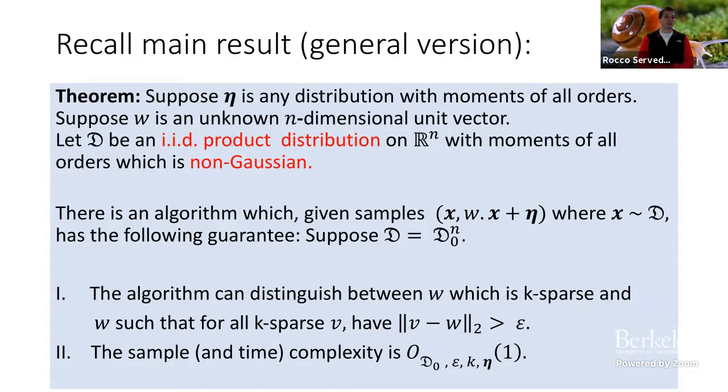The issue of the noise is not so tough to handle, but we want to think now about, okay, I no longer have +1 -1 as my distribution over each coordinate. Instead, I have a general distribution over the reals. And as we saw, the result is going to require that the distribution is non-Gaussian. So we'd like to figure out now, how can we solve this more general problem?